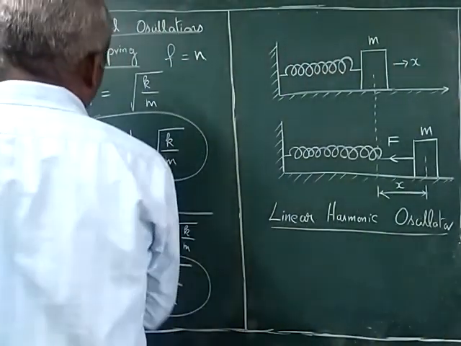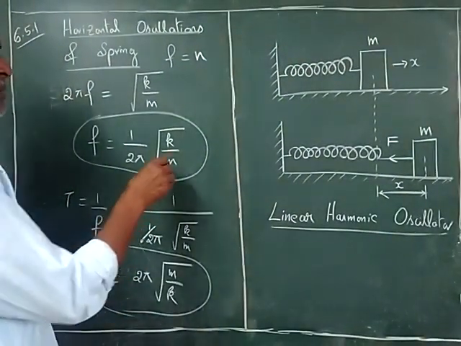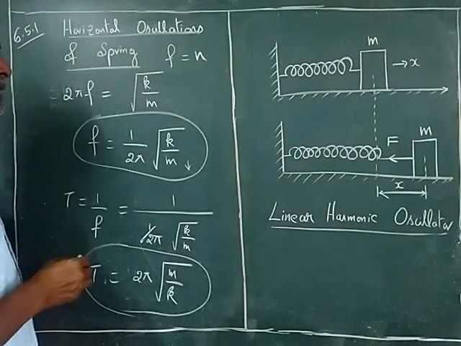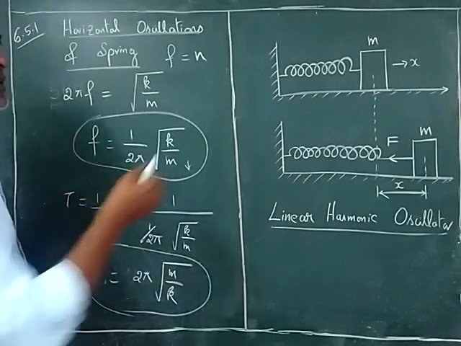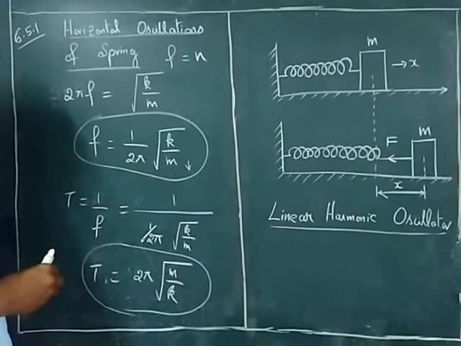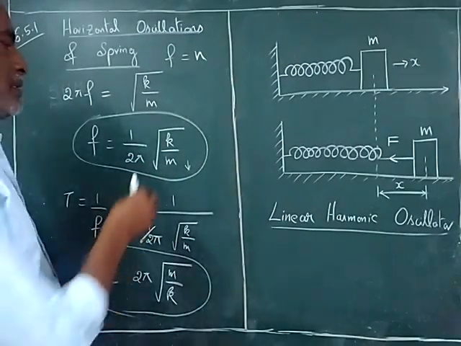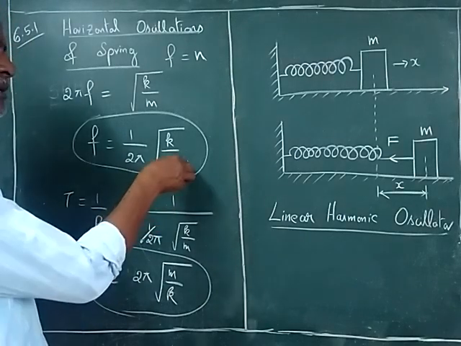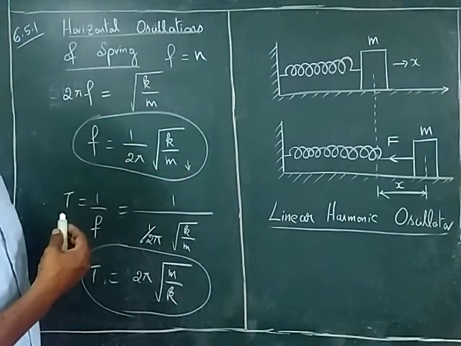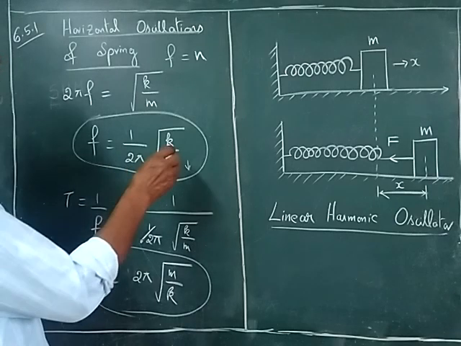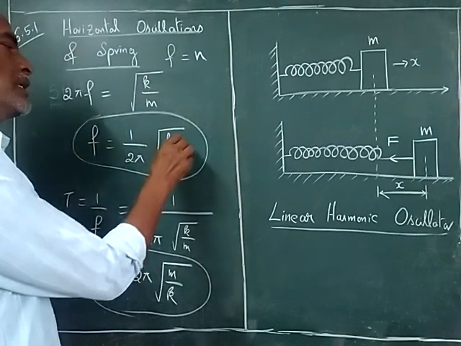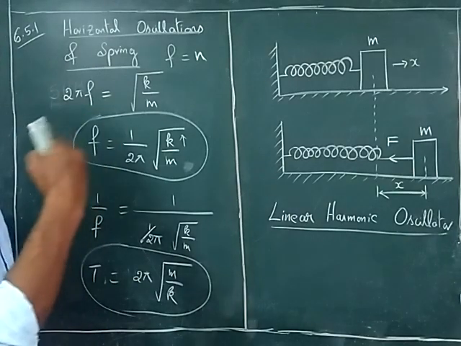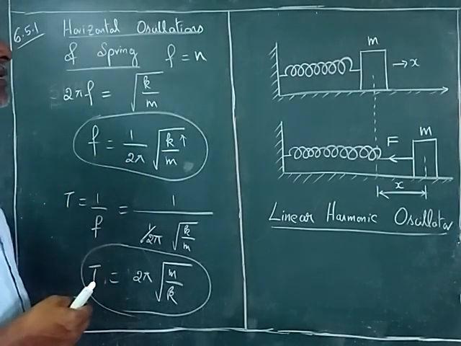In the frequency of oscillation, 2 pi is constant, and we have square root of k by m. If mass decreases, frequency will increase. That means if you use a lighter object, a lighter mass, the frequency increases. Similarly, if the spring constant k increases, the vibration frequency will increase.